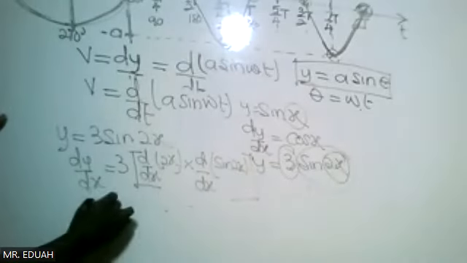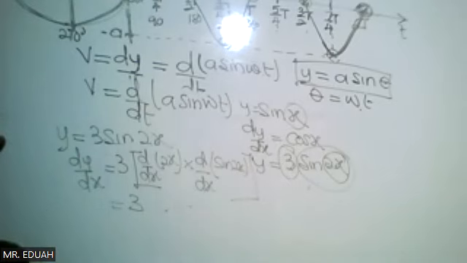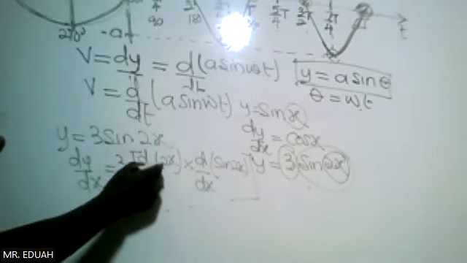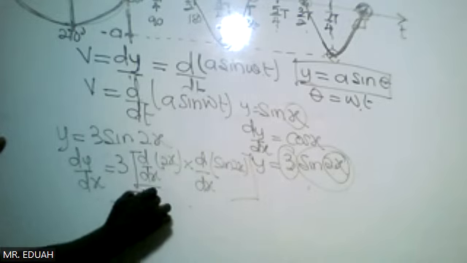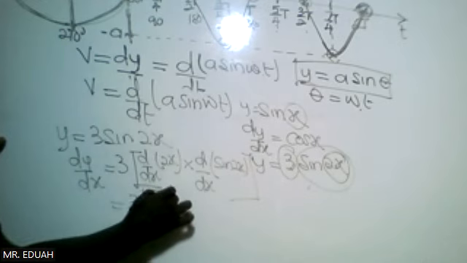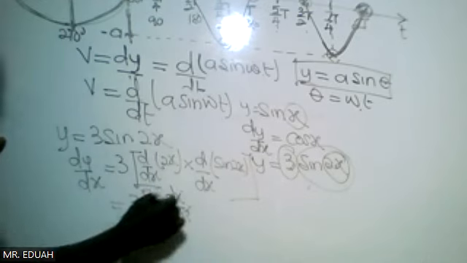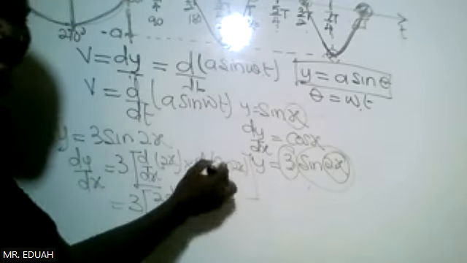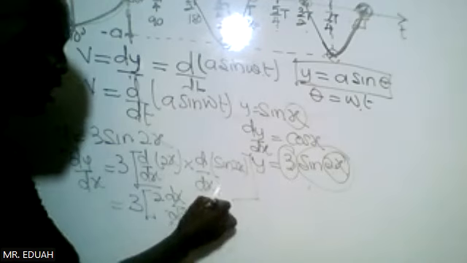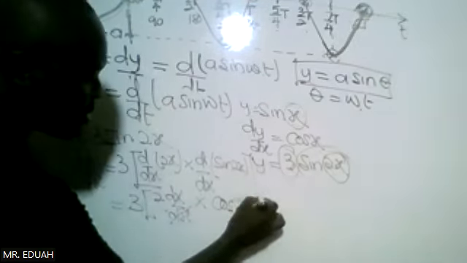The differential of 2x is equal to 2, times, when you differentiate sine, it is equal to cosine, so cos of 2x.